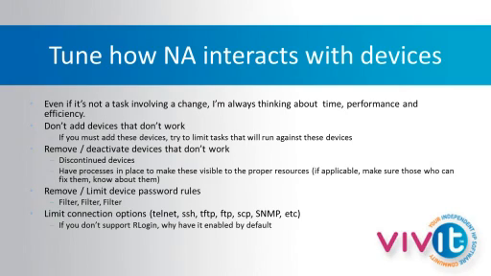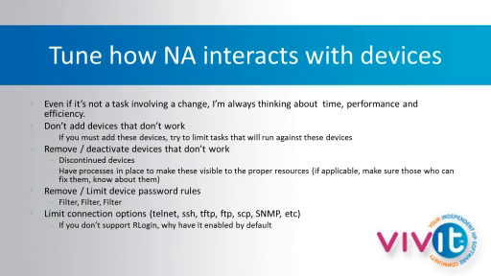Also, this is a simple no-brainer one, but a lot of people haven't thought about it. Limit the connection options. Make the options fit your company's requirements. Like I'm posting here, if you don't support a login method, why have it enabled by default? For every device that NA is having trouble logging in, it's going to try every possible access method.